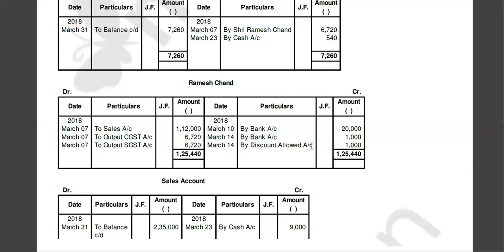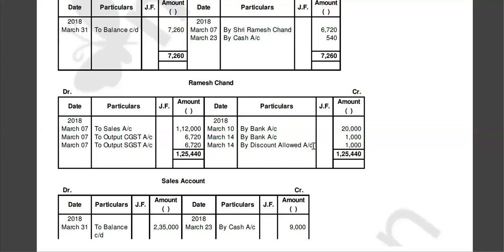Balancing amount means after balancing our debit and credit balance, the net figure is discount allowed. If this amount comes on this side, that is called discount received. Now we will get our credit balance, 1,000 rupees credit balance.